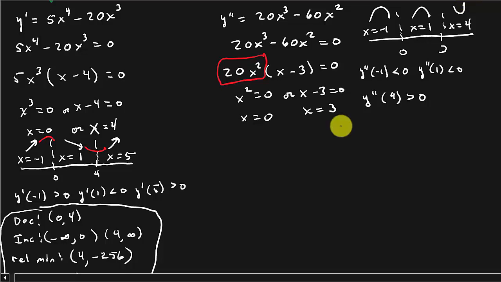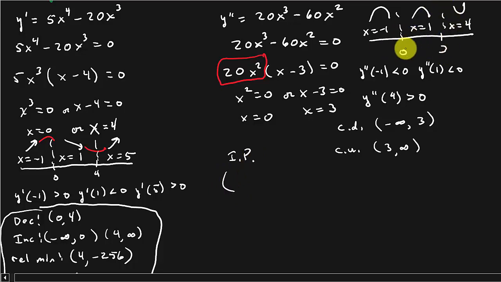Okay, so it's concave down from -infinity to 3, and it's concave up from 3 to infinity. And then we've got points, I'm going to abbreviate that to inflection point at 3. See, it changes concavity at 3.